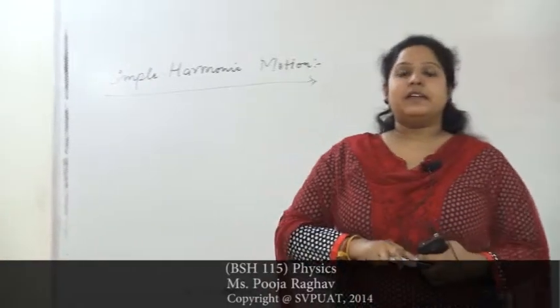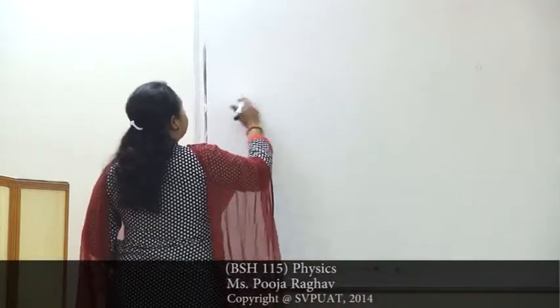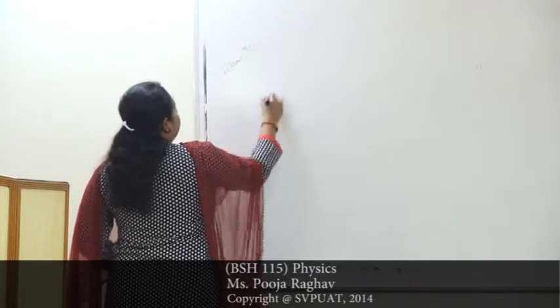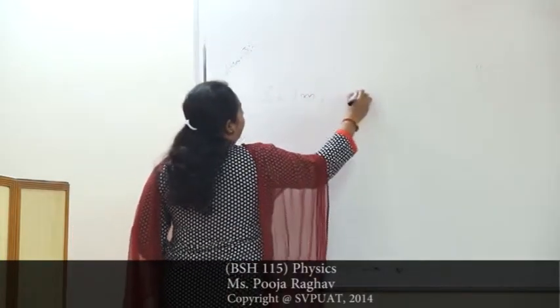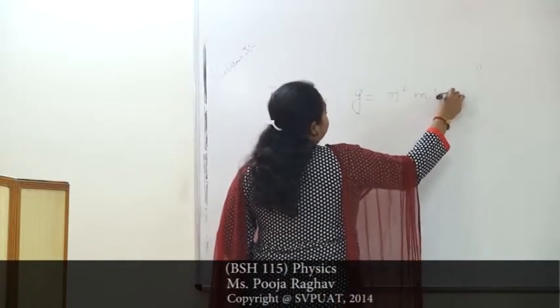We take the problem. Calculate the time period of a simple pendulum of length 1 meter. The acceleration due to gravity at the place is pi square meter per second square.